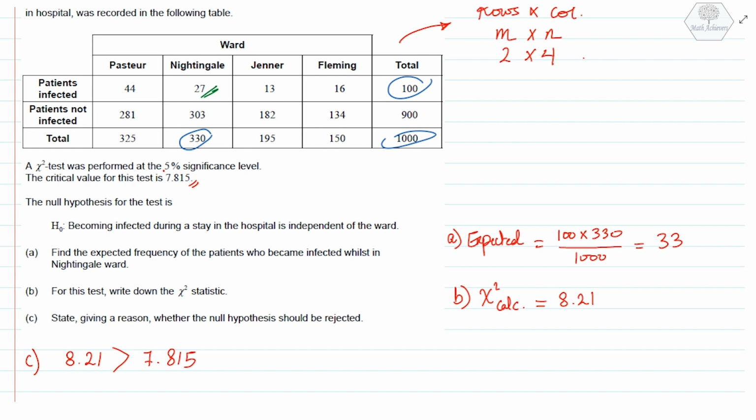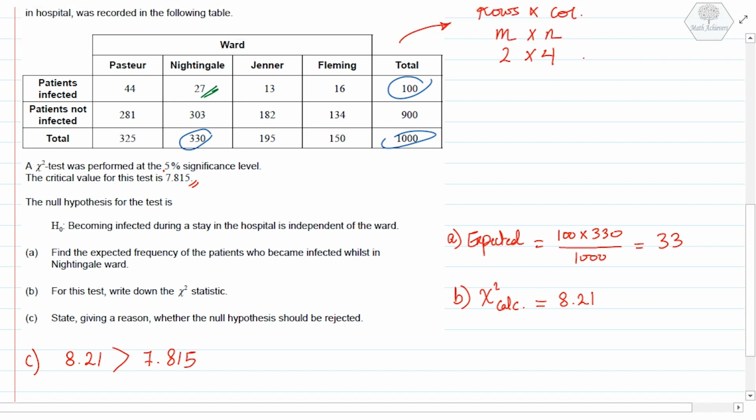And because of this, since the chi-squared calculated is greater than the chi-squared critical value, we need to reject H naught, which means we accept the alternative hypothesis, which means that becoming infected during a stay in the hospital is dependent on the ward, or we can say it is not independent of the ward.